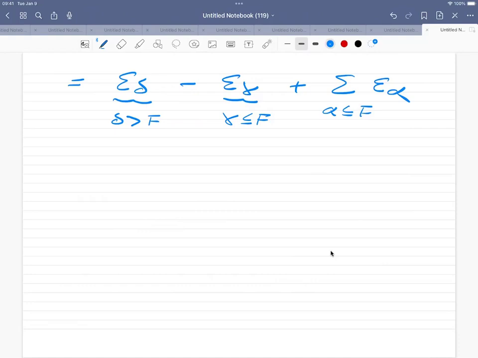So when you extract information like this one, you're making an interpretation. So how viable that is depends on the system you have and also your theoretical approaches. Okay. So this is what we would get if we do that, and we can rewrite this in a more compact form. So we have this epsilon delta minus a sum over alpha, where alpha is different from this state gamma.